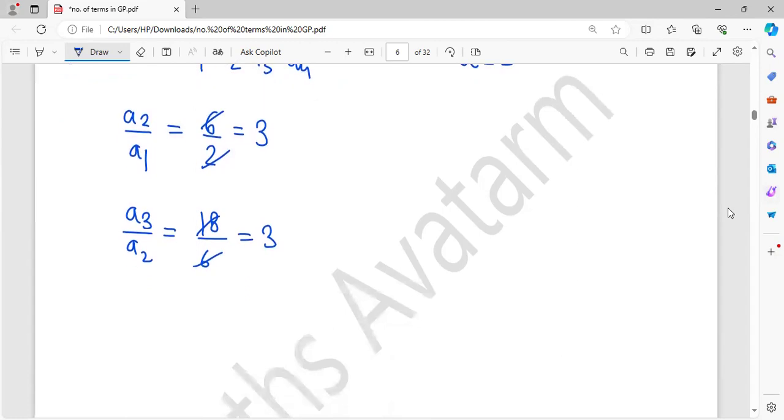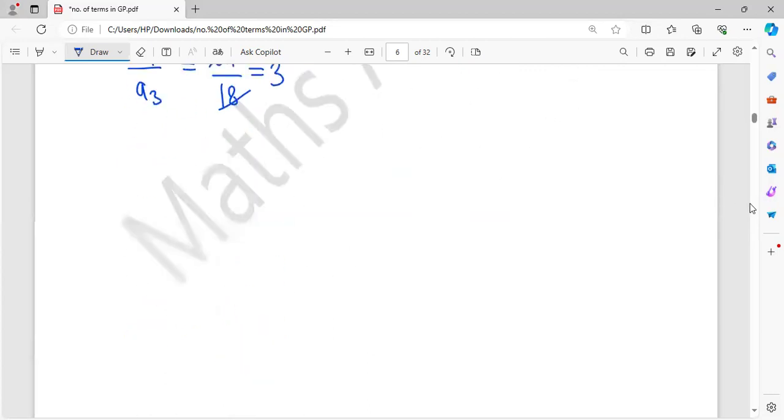What is A4 upon A3? A4 is 54, A3 is 18. That is 3. And you continue like that.